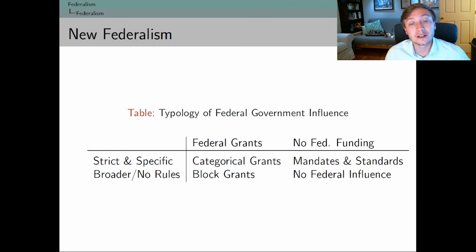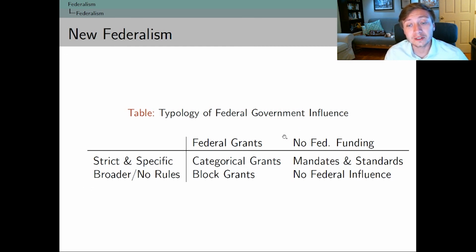I really want to provide you with this little table here, though, that explains to you in the modern context the different ways that federalism can work. And so essentially there's two different sets of federal-state interactions in which either the states have very strict and specific guidelines they have to operate under, which the federal government gives them, or there are broader kinds of federalism relationships where the states have a lot of leeway, a lot of wiggle room to be able to experiment with their own specific objectives and priorities.